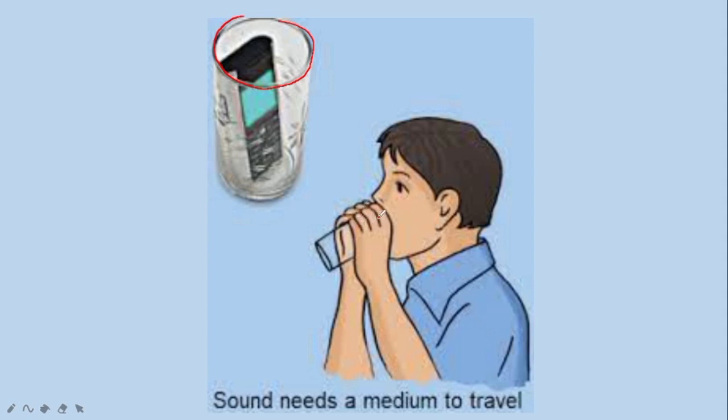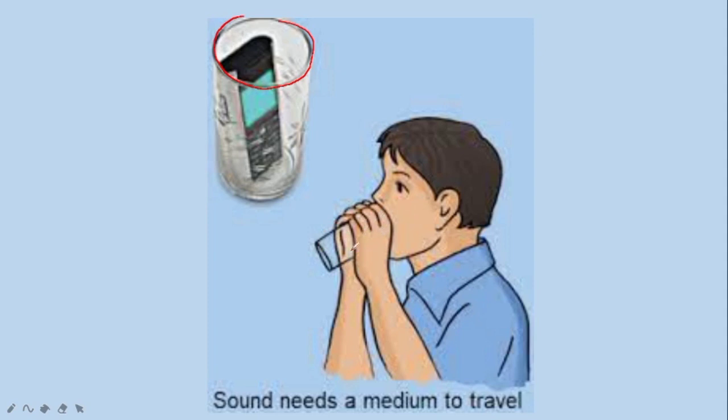Listen to the ring while sucking air from the tumbler. You have to suck the air from the tumbler, like whenever you suck juice using a straw, right? Do you remember how you suck juice using a straw? In that way, holding the tumbler at its rim, just suck the air and listen to the sound.